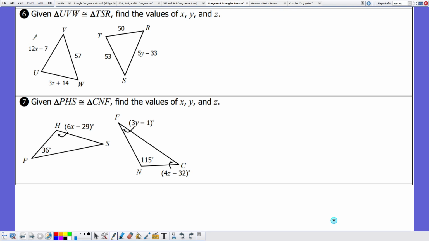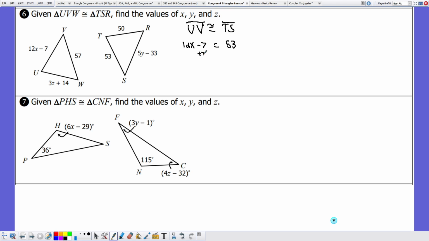This 12x minus 7 is what UV is. UV would be congruent to, based on this congruence statement, the side TS. If I substitute each value that's given to us, I know that UV is 12x minus 7, and that's going to be equal to the value of TS, which is 53.